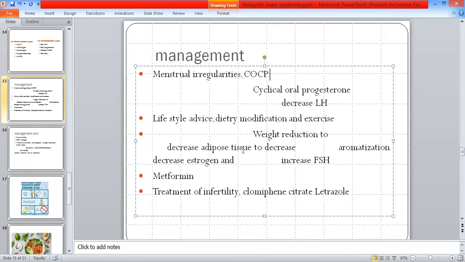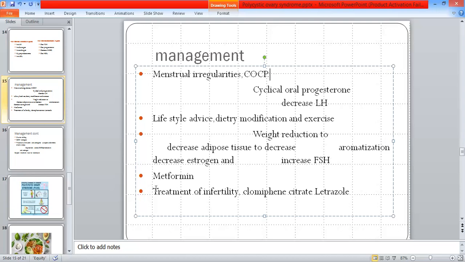When adipose tissue is in decreased amount, the aromatase activity will decrease, and so the androgen which is converted into estrogen will be converted in decreased amount. So when the estrogen decreases, it will increase the production of FSH, follicle stimulating hormone, and this follicle stimulating hormone will then lead to an ovulatory cycle.